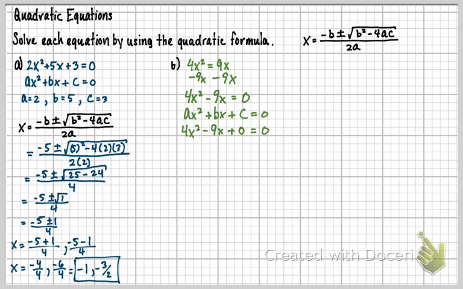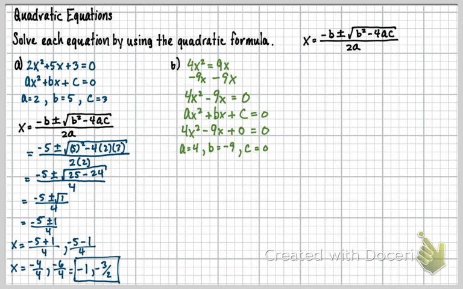So a equals 4, and b is going to equal negative 9 because it's this one here. And then c is going to equal 0. Okay, so that's what we're really dealing with here.